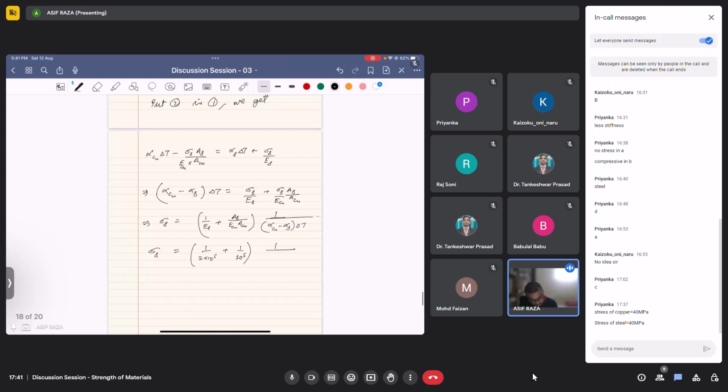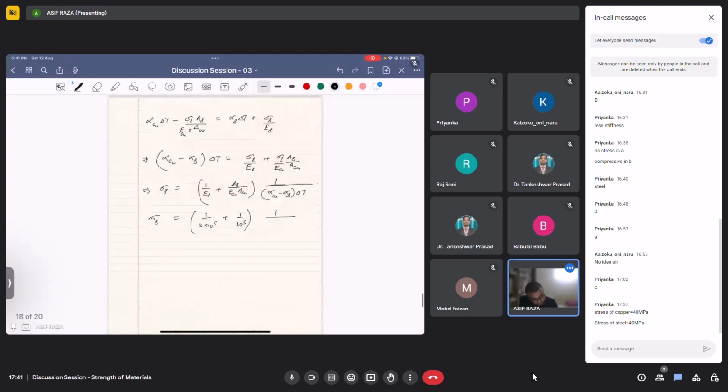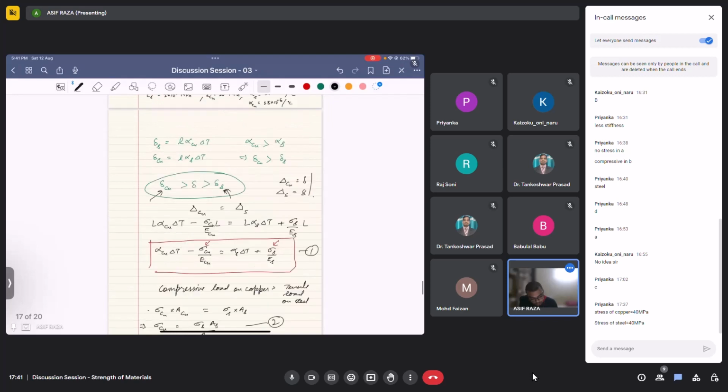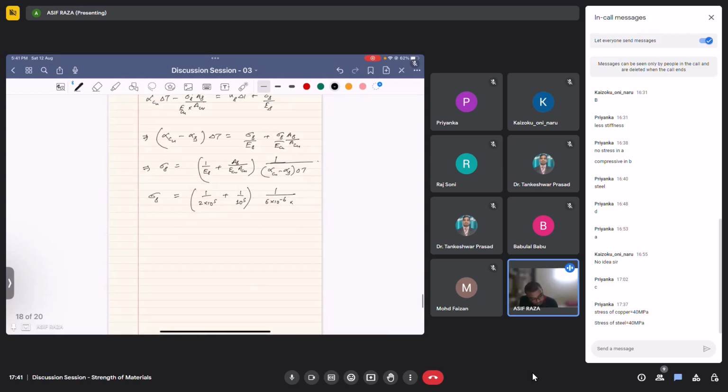Alpha Cu minus alpha S is 18 minus 12, 6 into 10 to the power minus 6. And delta T is 100.